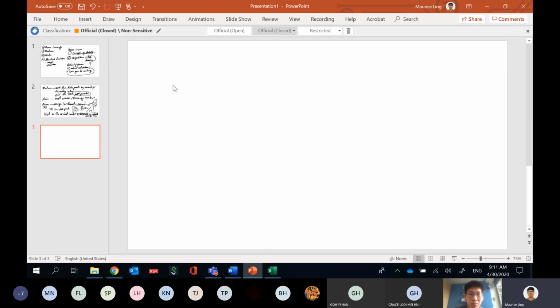Okay. Now for standard deviation itself, the equation will be this: the square root of the summation of x minus the average, squared, divided by n minus 1. So this is the equation for sample standard deviation.